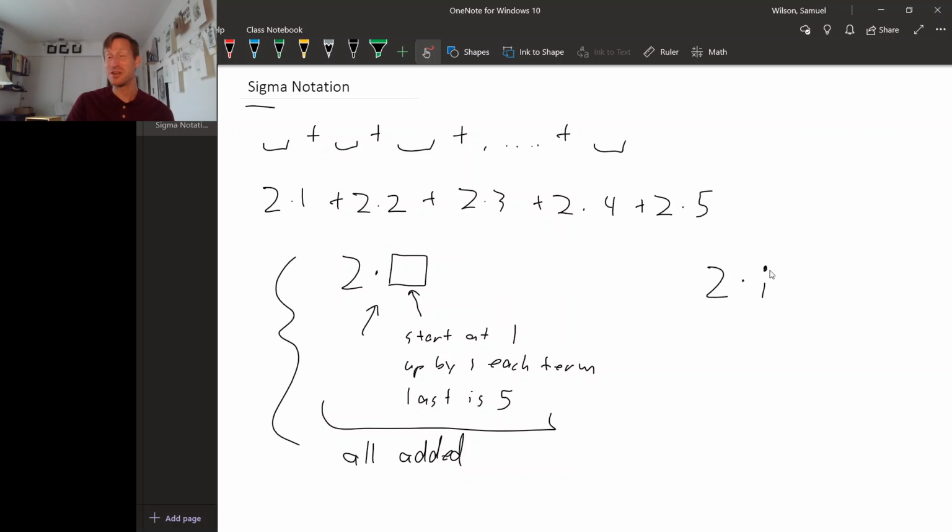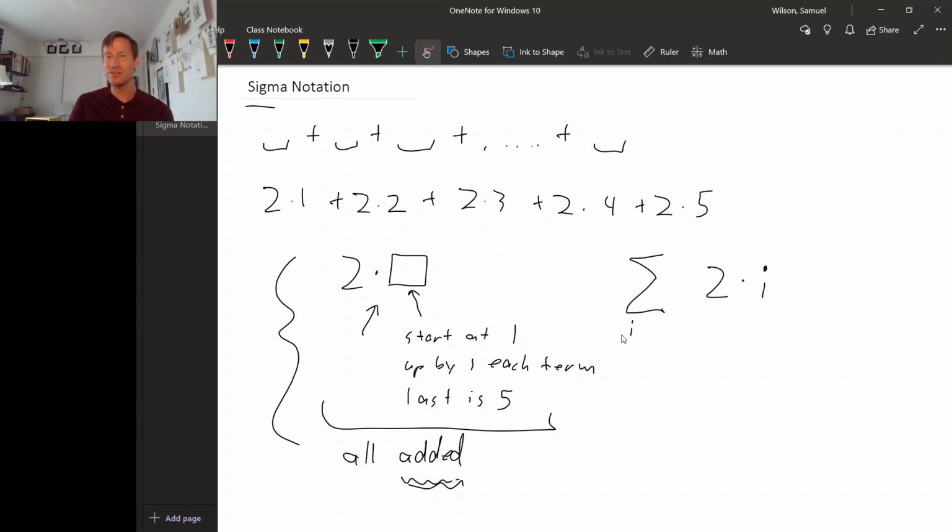This is not the imaginary number i. It's just a variable. To indicate that all of these terms are going to be added up, we're going to use a Greek capital sigma, because it's essentially a Greek S, and S is for sum. To indicate that the variable is i, we put that right down here.